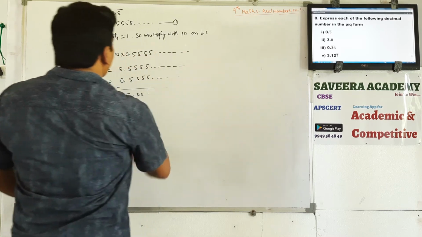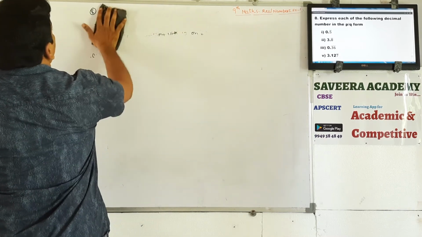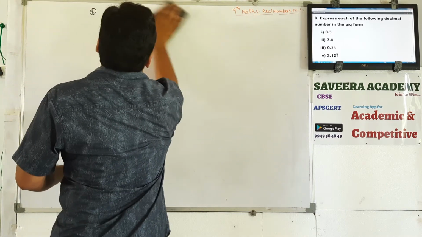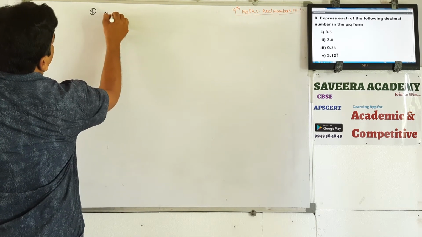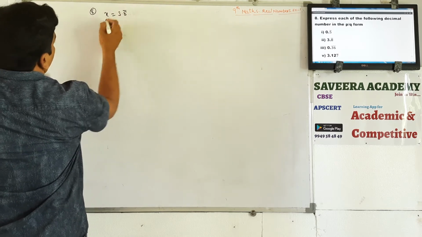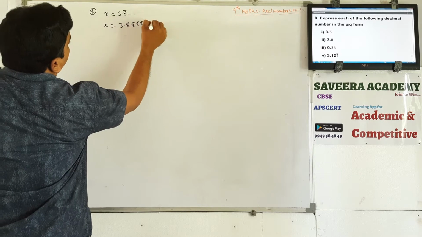Now, second one, 3.8 bar. Let x is equal to 3.8 bar. Therefore x is equal to 3.888 and so on.